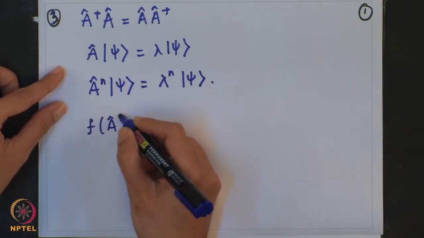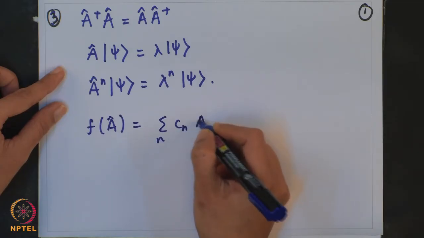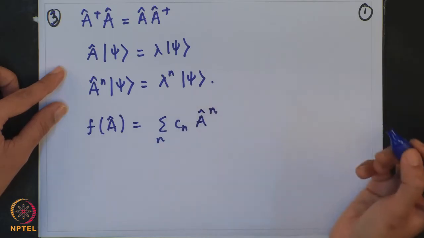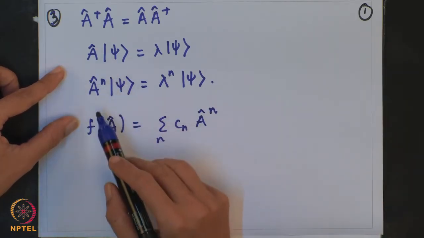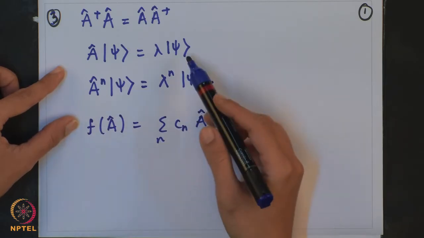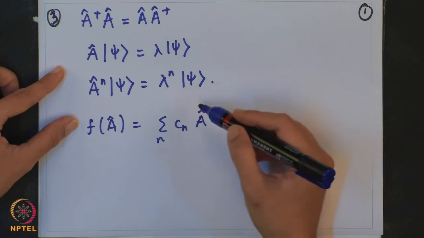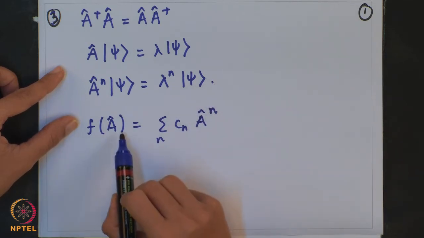So f of A can be written as the sum of C_n A^n, where n times we have operated. So we can write this operator in terms of a power series, and this will give you the corresponding terms of the function f of A.